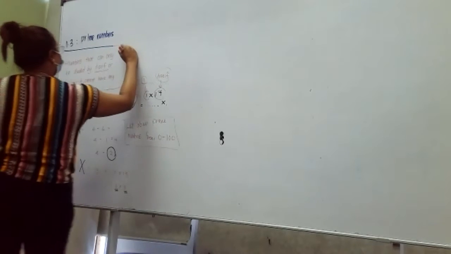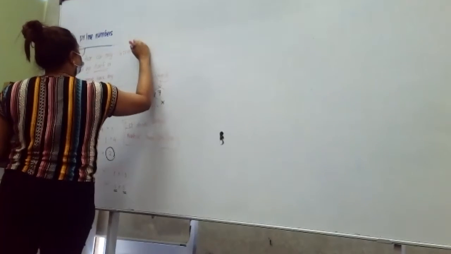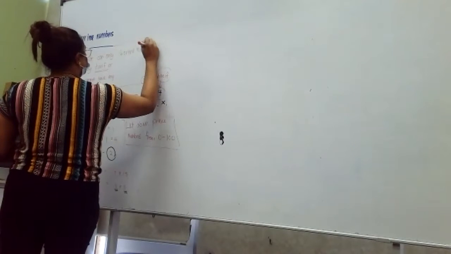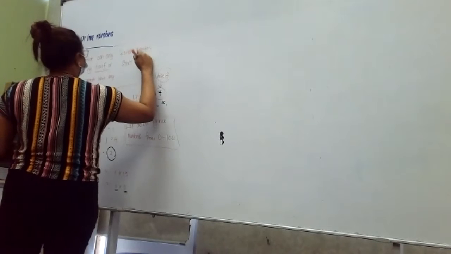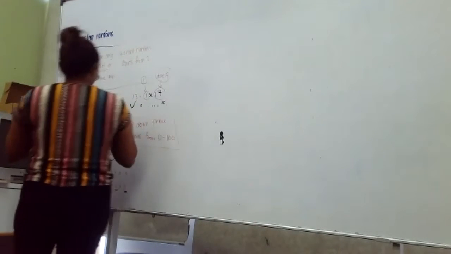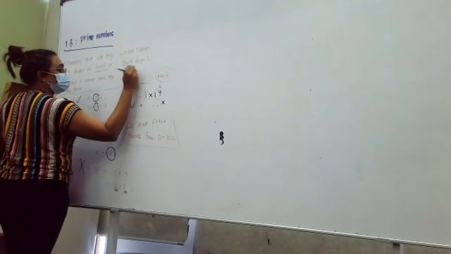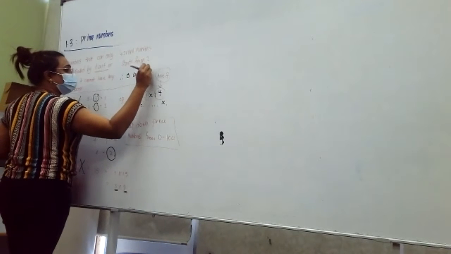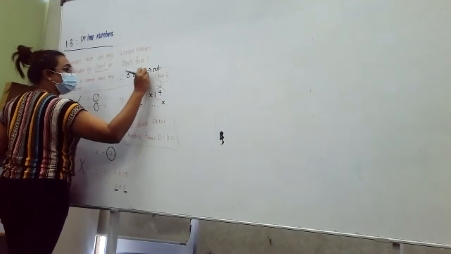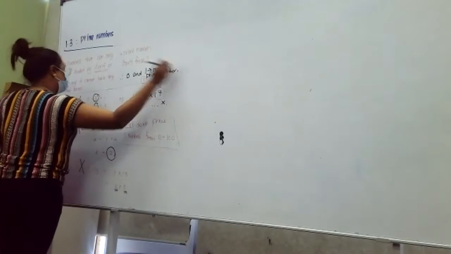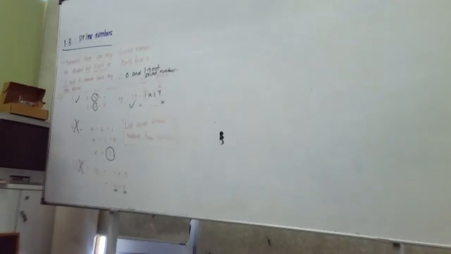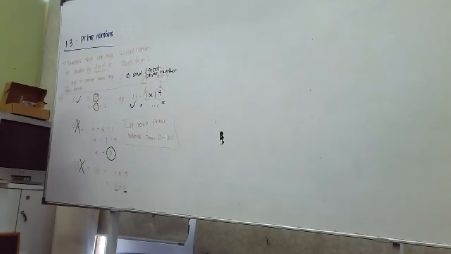Prime numbers start from 2, which means that 0 and 1 are not prime numbers. 1 can be a factor but not a prime number. Clear? Okay, copy this down.